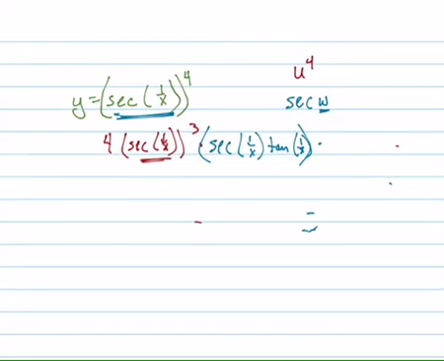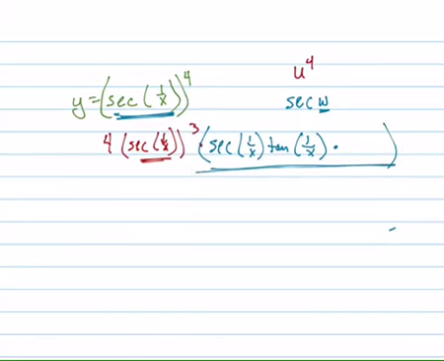times the derivative. Let me clean this up a little bit here. Technically I should write tangent 1 over x times, and leave that inside the parentheses, because this is the derivative of that inside function right there. So now I'm taking the innermost function, and the innermost function is just 1 over x.